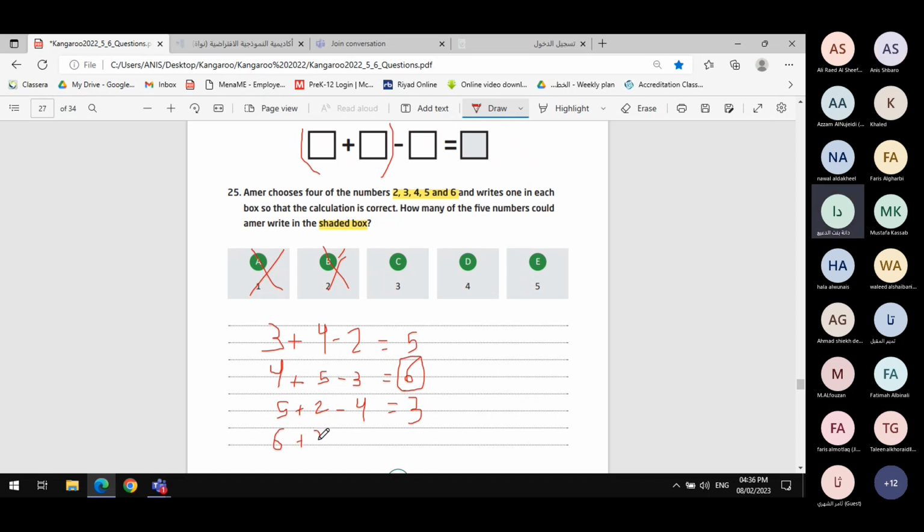Minus 4. 9 minus 4 is 5. We already used 5 here. So let's go smaller. 2 we cannot. 3 of course we cannot, we used it here. 4 gives 5, the same as this. And the 5, what if we minus 5?